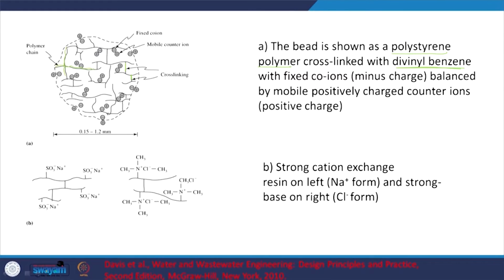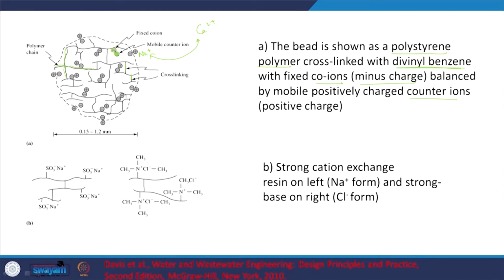This is the macroscopic view which you are now looking at. Earlier we looked at the relevant compounds, with the fixed co-ions, minus charge, balanced by mobile positively charged counter ions. So, this is the mobile counter ion. For example, Na plus is the counter ion and Ca2 plus will be exchanged with this counter ion, let us say.